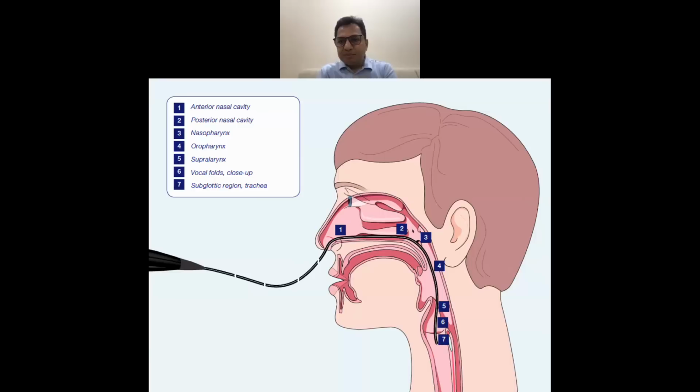So you need to follow the path of air, and therefore the second message is that you cannot assess the airway by only having a straight spatula and torch. Even a nasal endoscope, a straight or an angled rigid nasal endoscope, you cannot follow the path of the airway.